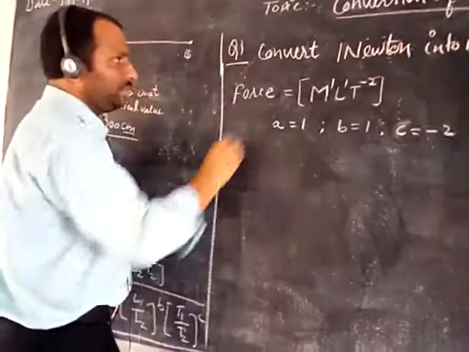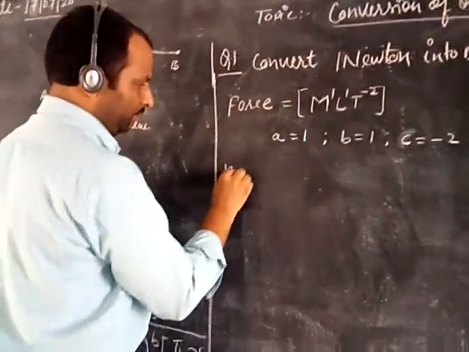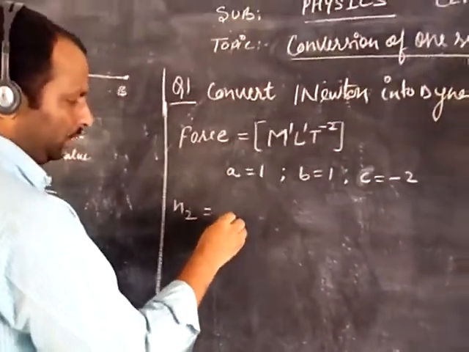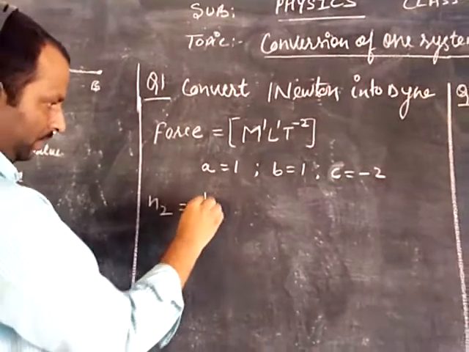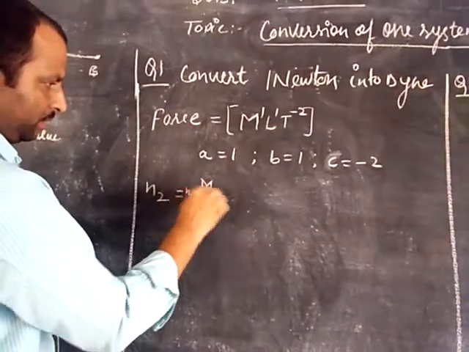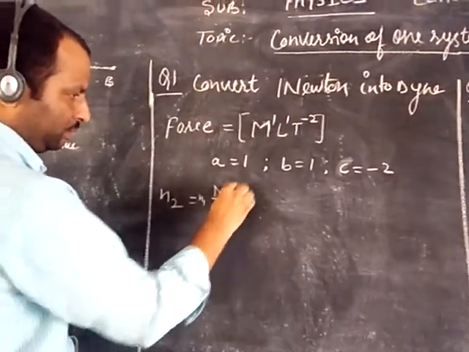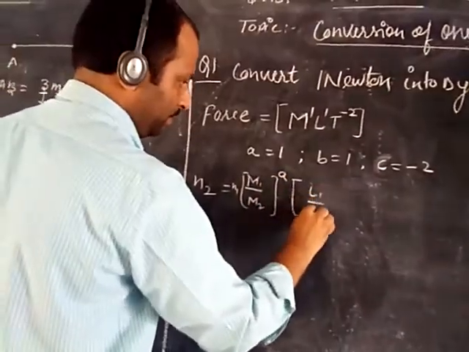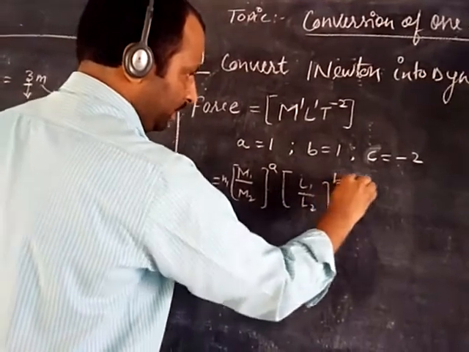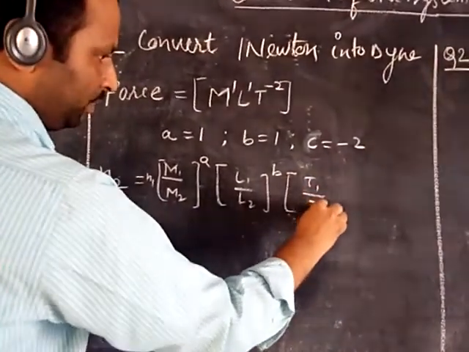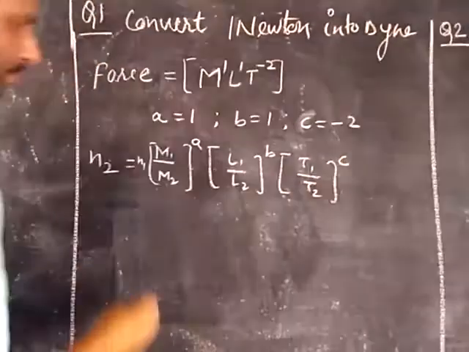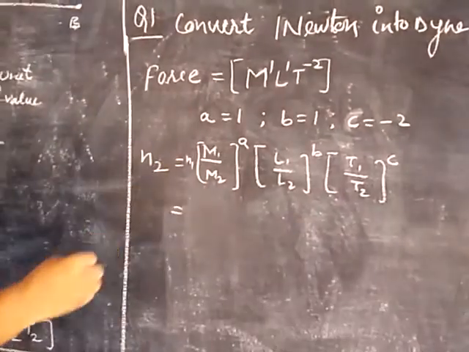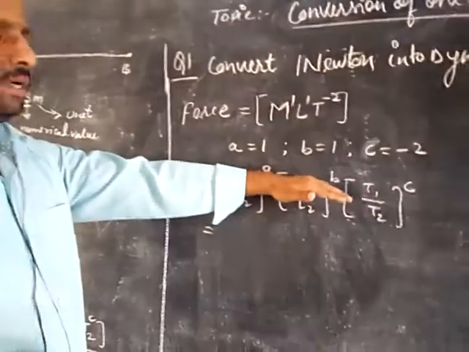Now let us put in the formula. N2 is equal to N1 into M1 upon M2 to the power a, L1 upon L2 to the power b, T1 upon T2 to the power c. Above we will put the SI units.